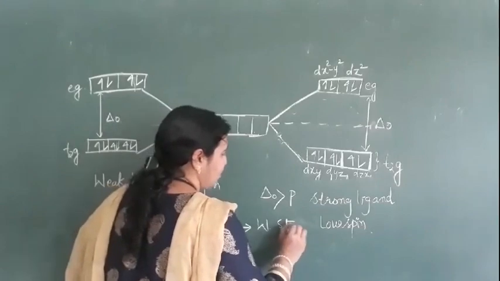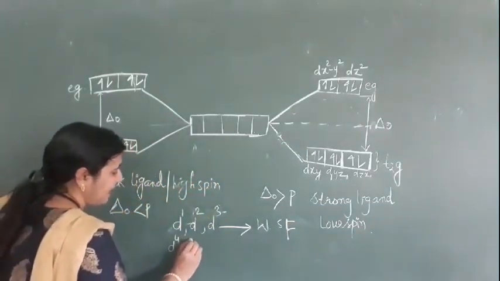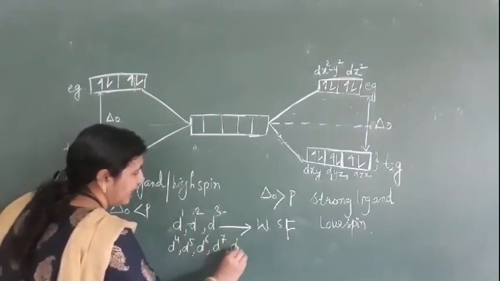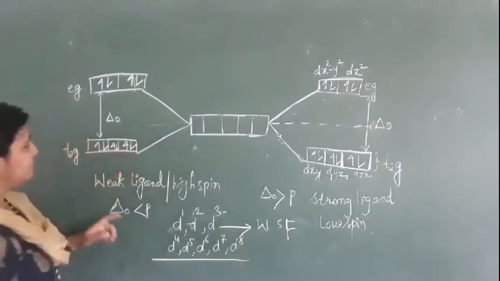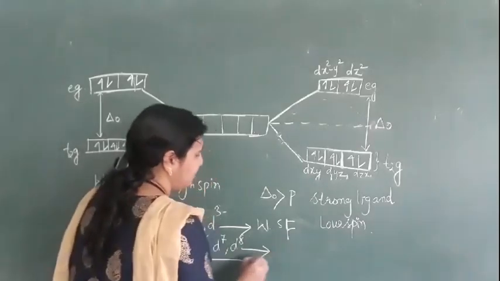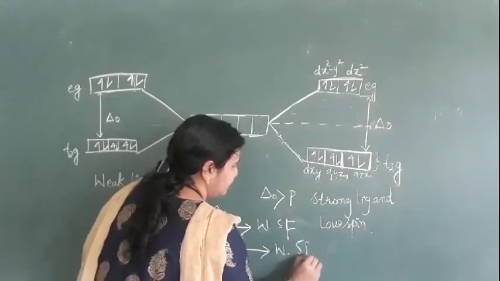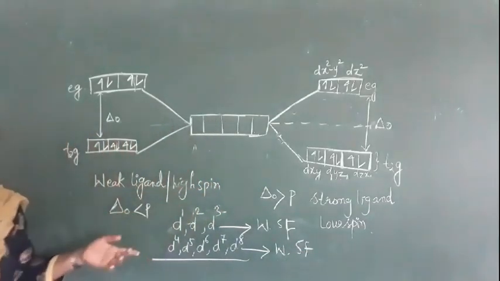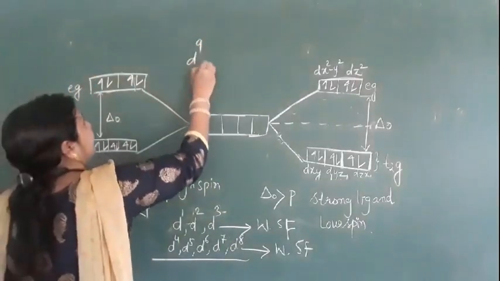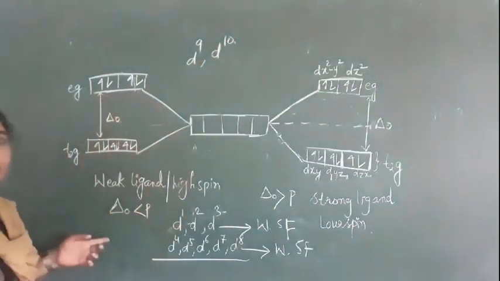But D4, D5, D6, D7 and D8 electrons are filled differently for weak field and strong field. And D9 and D10 are the same for both.